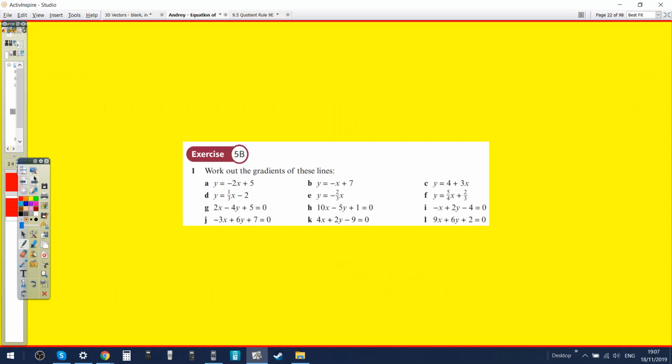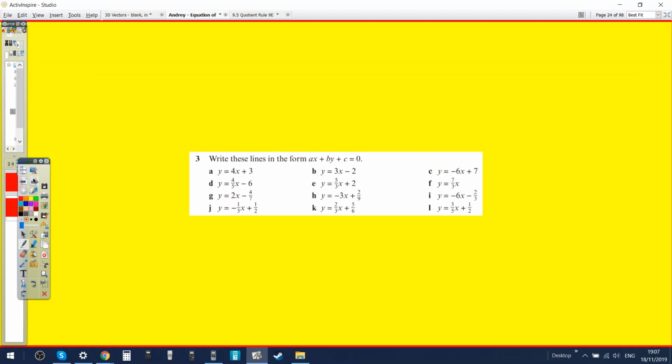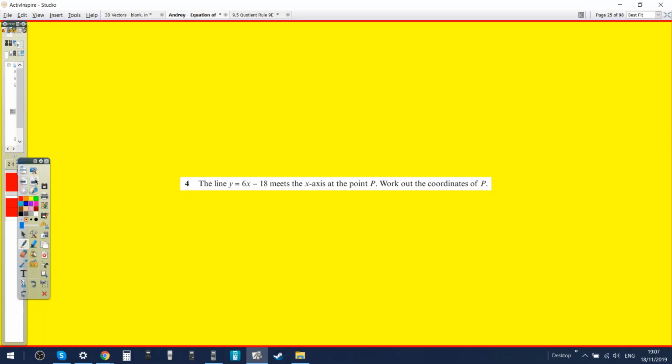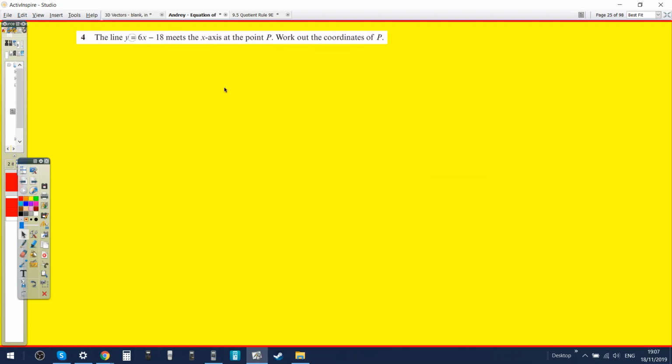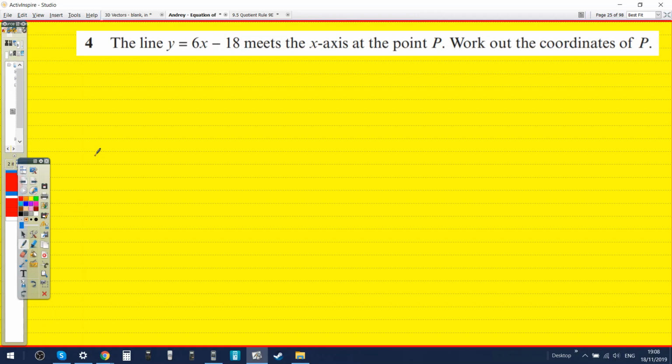And so it's quite common for them to ask about this. Okay, so how would you do this one? So I'm guessing it's the same thing where I have to make 0 equal to 6x minus 18.